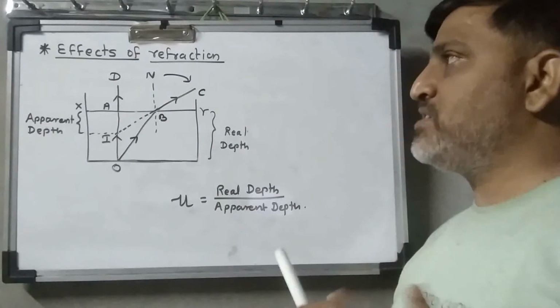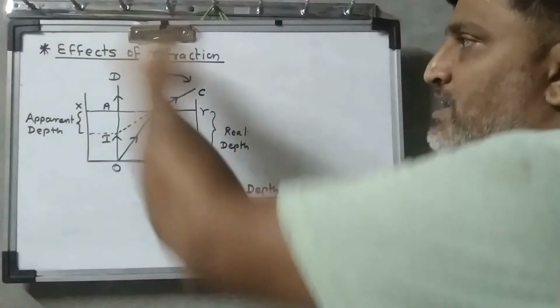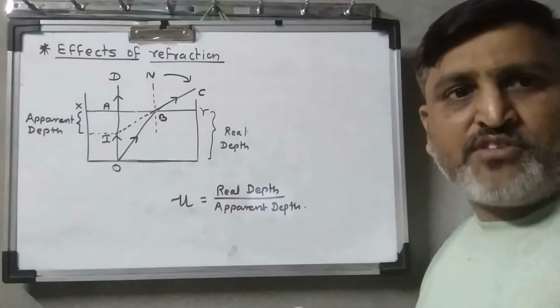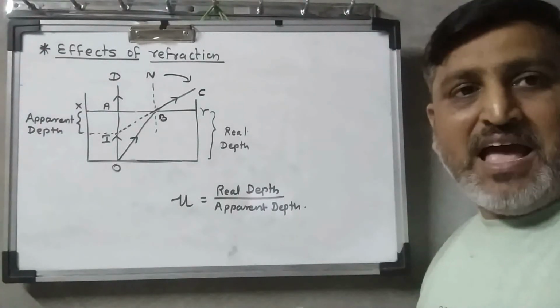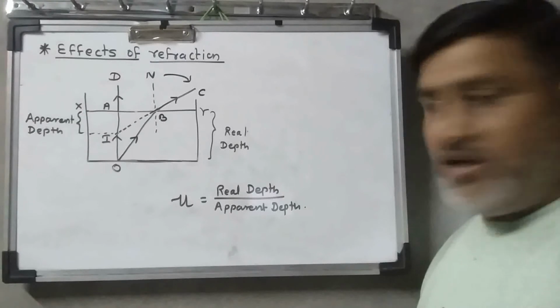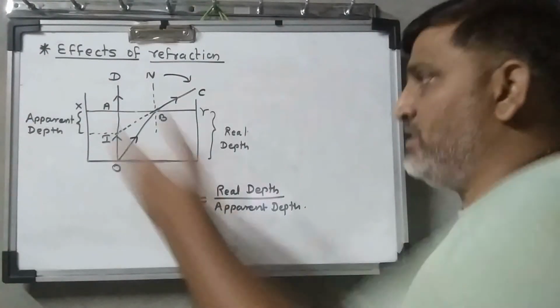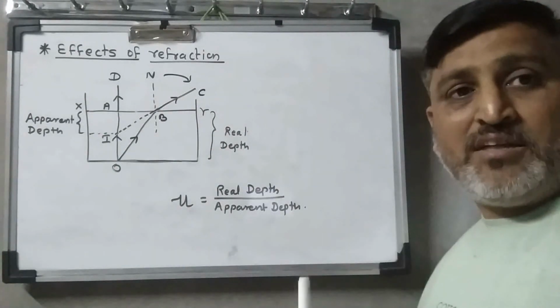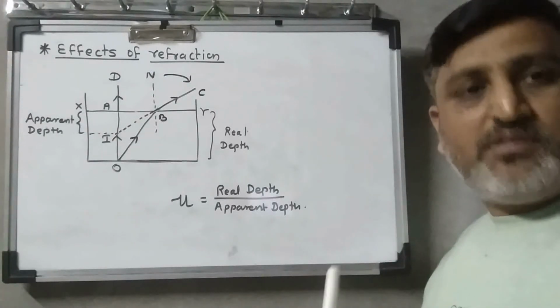This is due to the concept of refraction, and that is the effect of refraction. Now, what is the refractive index in terms of apparent and real depth? Refractive index is the ratio of real depth to apparent depth.